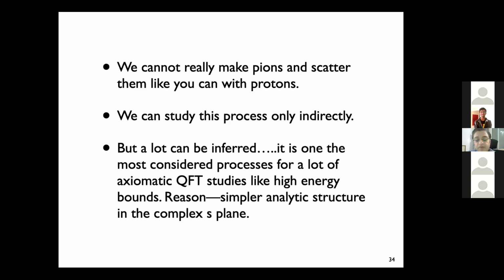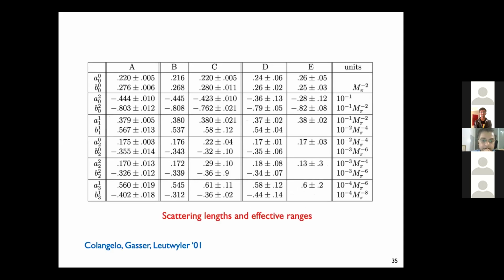But the reason why people want to study this process is because, as a problem in complex analysis, it has a simpler analytic structure in the complex S-plane. So you can measure scattering lengths and effective ranges. Well, for effective ranges one does not have precise measurements, but scattering lengths you can measure.